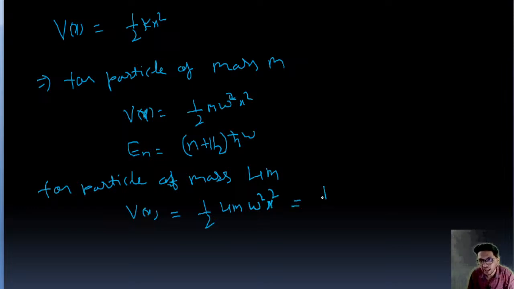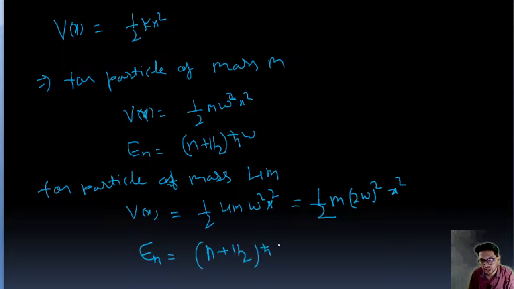Or we can write this as 1 upon 2 times m times (2 omega) whole squared x squared, because 4 omega squared is (2 omega) whole squared, right? So from here the energy E_n is going to be (n plus half) h-cut times 2 omega, the energy for the particle of mass 4m.